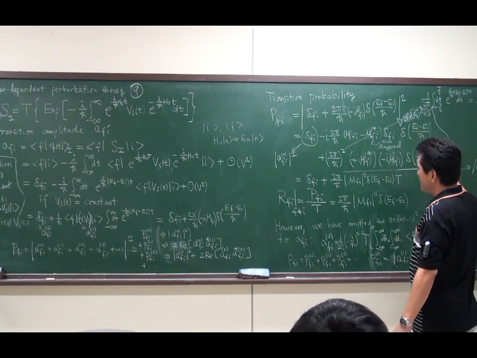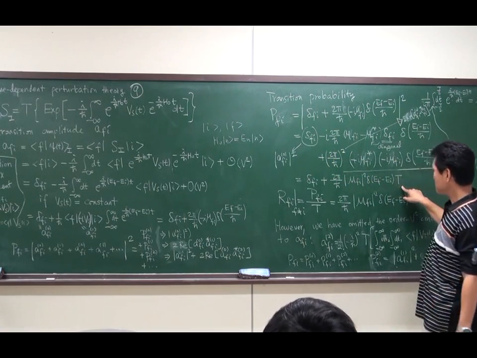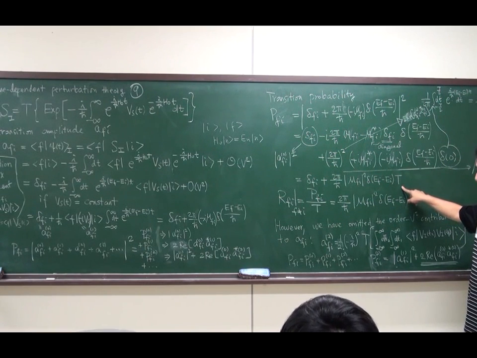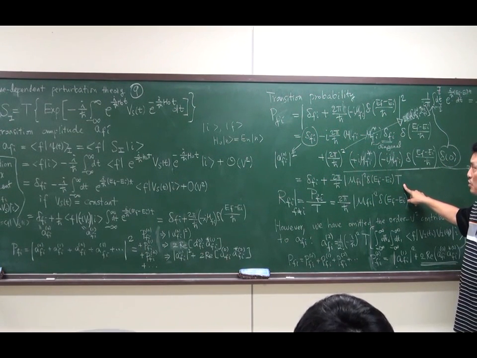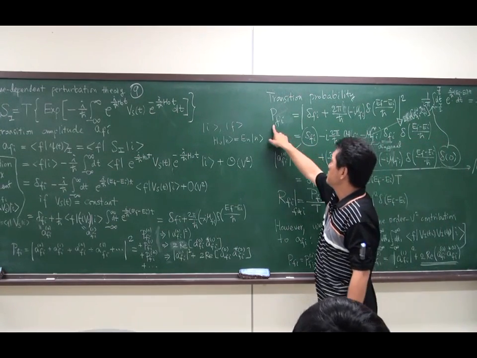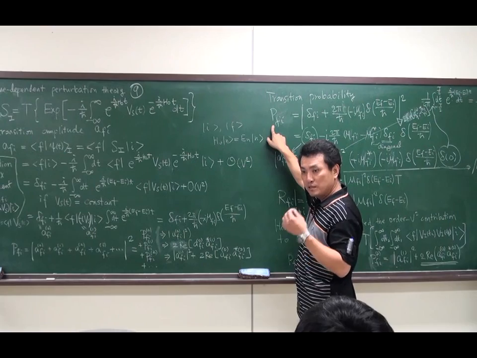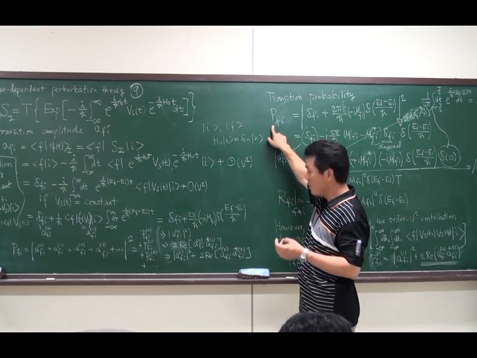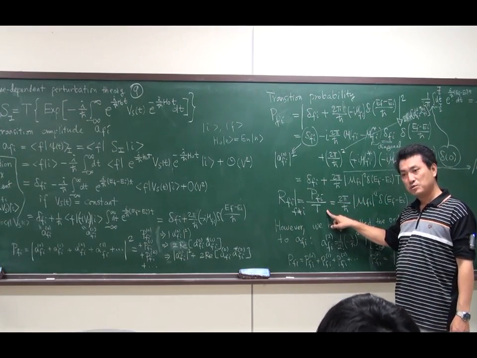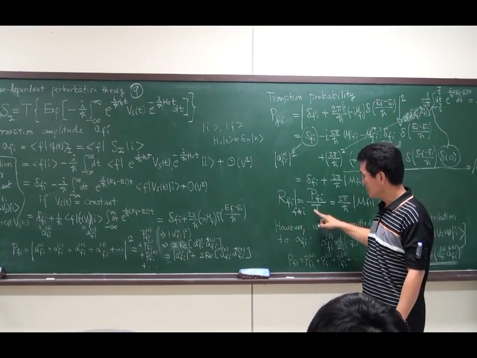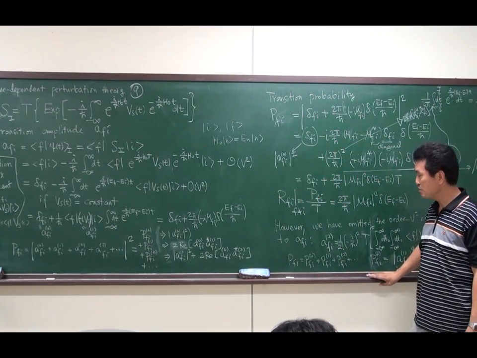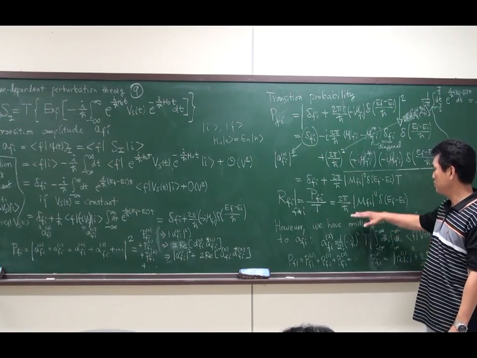Then we will find that the transition probability changes as time goes on. It is linearly divergent. So if I take the ratio, the transition probability is increasing as time goes on. I take the ratio to the interaction time, then this is the transition rate from I to F state. And the value was like that.